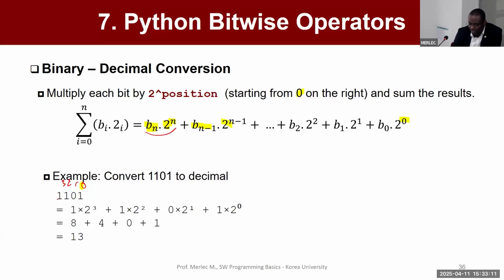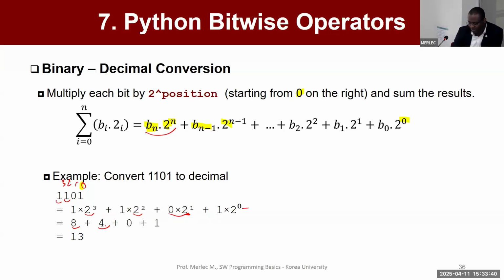Then the first coefficient will be 1 multiplied by 2 to the power of 3. That will give 8. Then the second coefficient will be 1 multiplied by 2 to the power of n minus 1, 3 minus 1 will be 2, that will be 2 to the power of 2. It will be 4. And then 0 multiplied by the base 2 to the power of 1, until we reach 0.